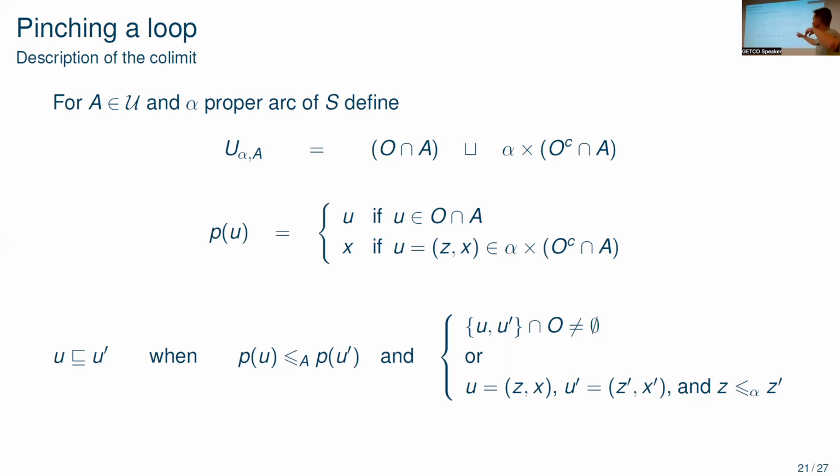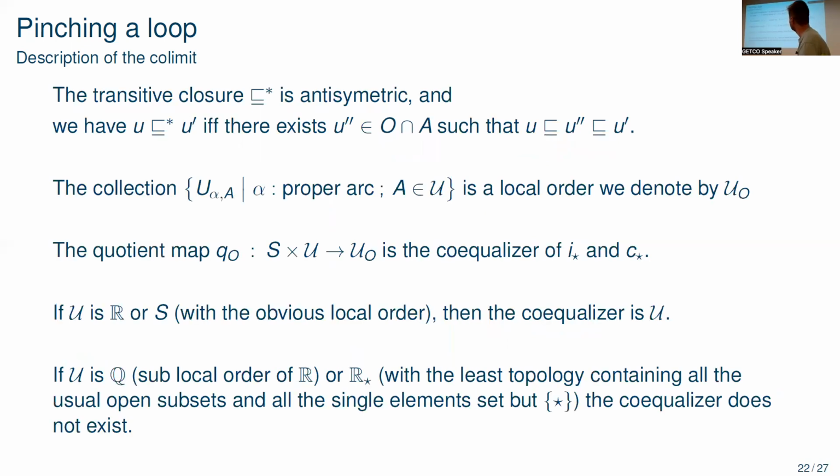And at some point, you need some trick to make the link between the cylinder above and the line which is below. Okay. And then the map, which identifies all the points of the set O, is actually the coequalizer of the maps E and C.